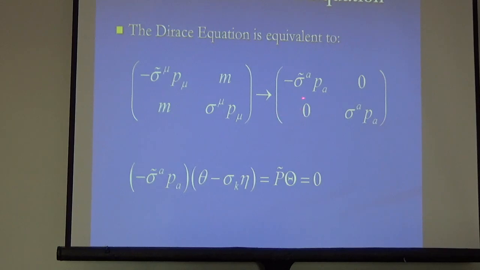So I have 2 by 2 quaternionic things instead of 4 by 4 complex things, and in the same way, for the column that multiplies it, I put the theta and eta together with some k-like things. I put a sigma k in here. So what I've done is taken a 4 by 4 complex thing and collapsed it using the quaternions to make a 2 by 2 quaternionic thing. That's all I've done.